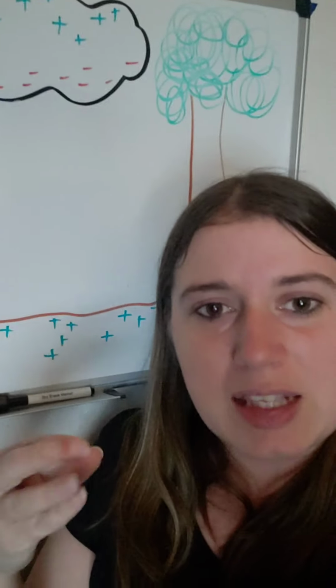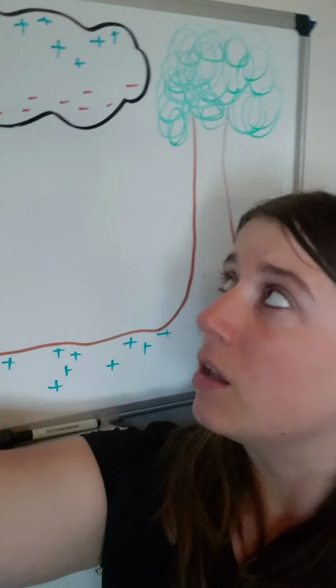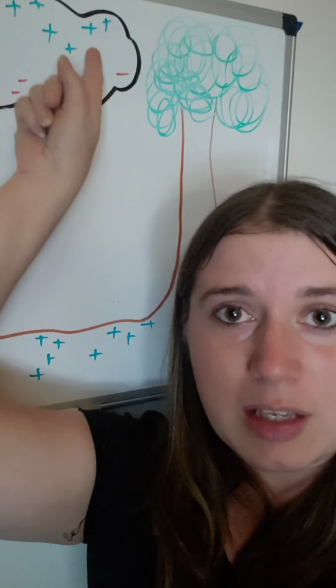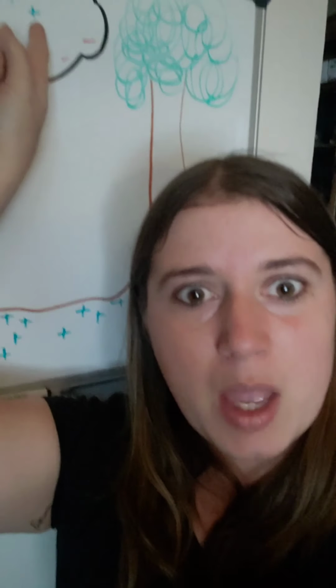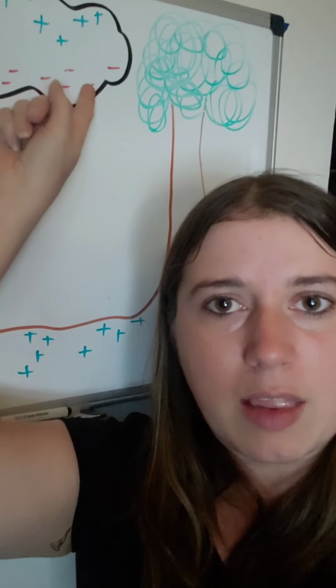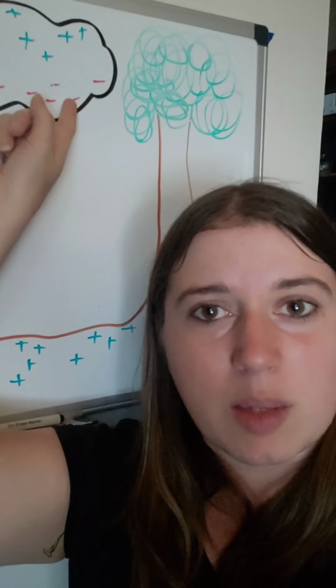And eventually something has to happen with all of that tension and that friction. And that's when you get, let me find my finger. There it is. That's when you get a zap of electricity. They got to release some of that energy and they connect with one of these negatively charged electrons down at the bottom of the cloud.